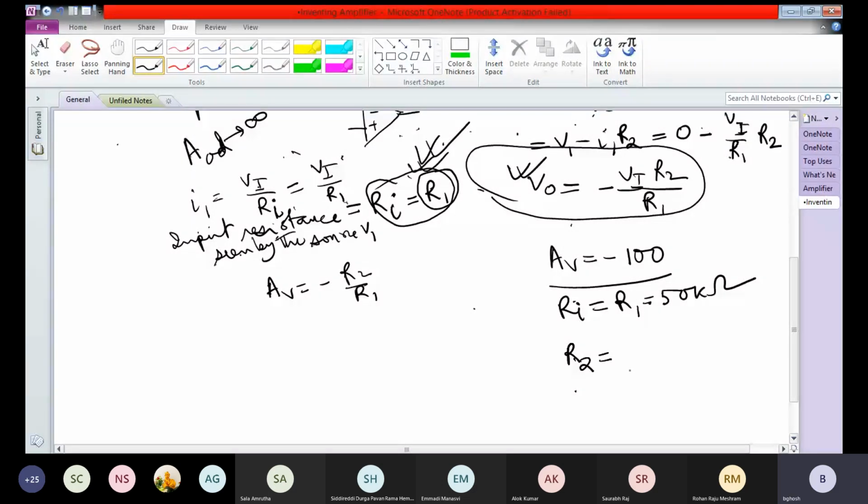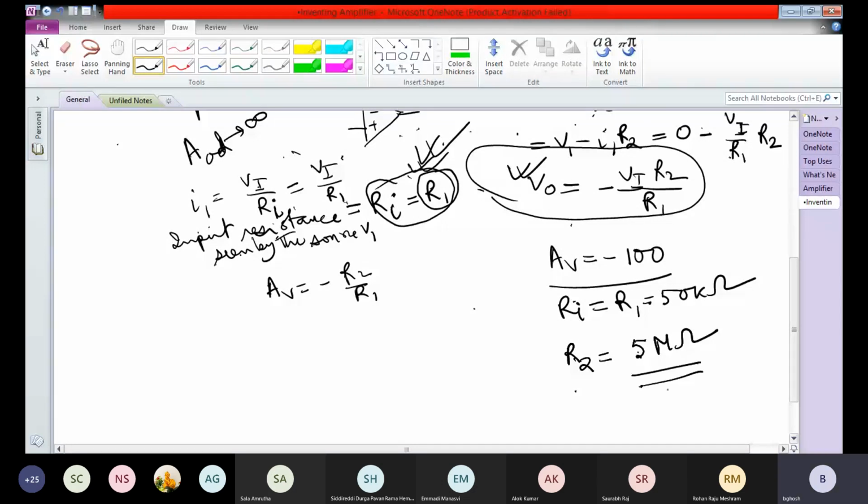It will be 5 mega ohm. R1 times AB, 50 kilo ohm times 100, 50 into 10 to the power 3 into 100. So that will be 5 mega ohm.